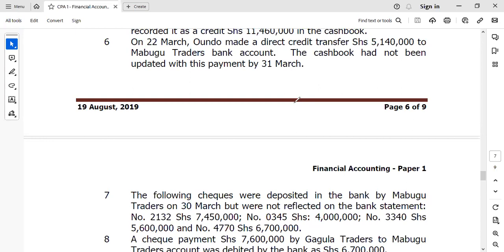The cash book had not been updated with this payment. So this is a direct credit.